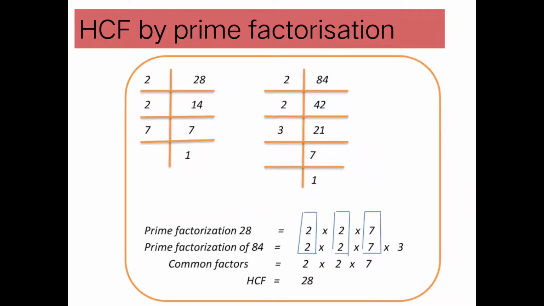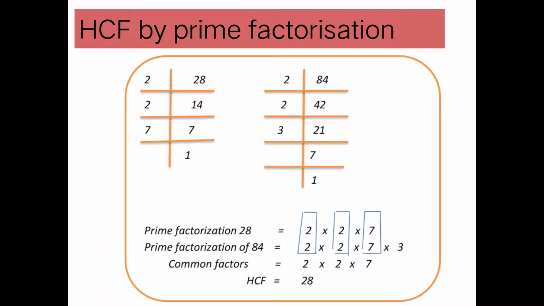Next we have another number, which is 84. Again you have to start with the prime numbers. So this 84 goes in the 2 table 42 times. Again this 42 goes in the 2 table 21 times. Then 21 is not in the 2 table, so we go to the next prime number, which is 3.